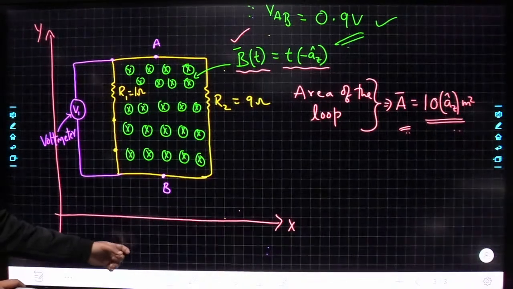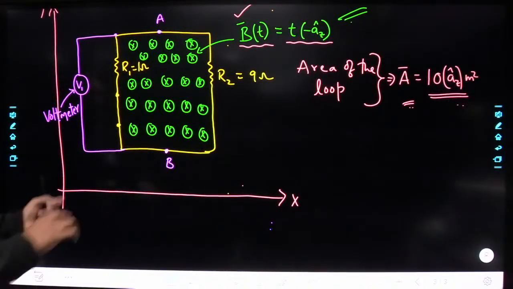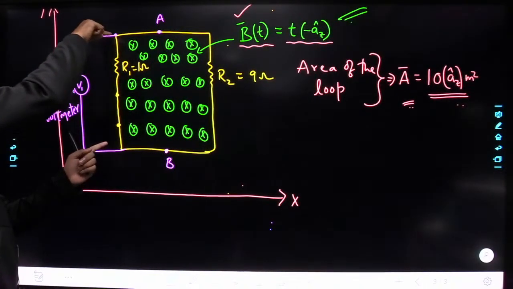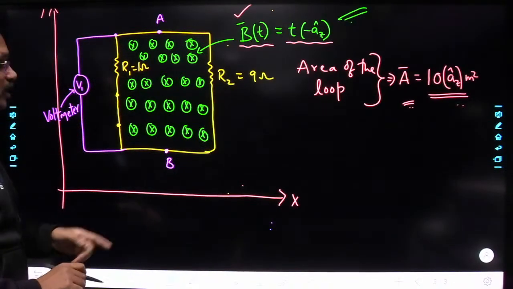Okay. So what is the purpose of the voltmeter here? The purpose of the voltmeter is to measure the potential difference across these terminals. Understood? Okay. Yeah.